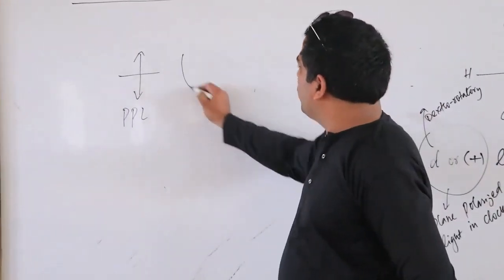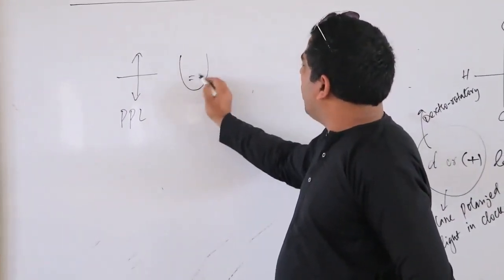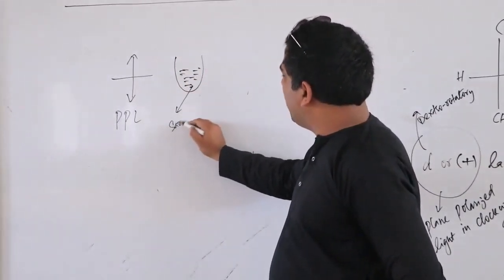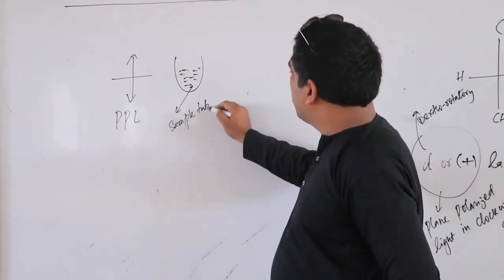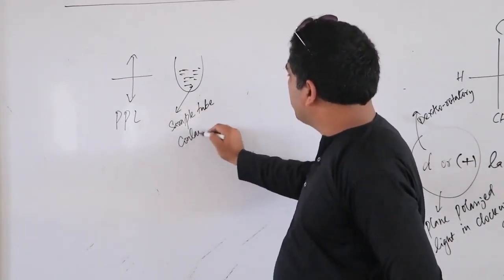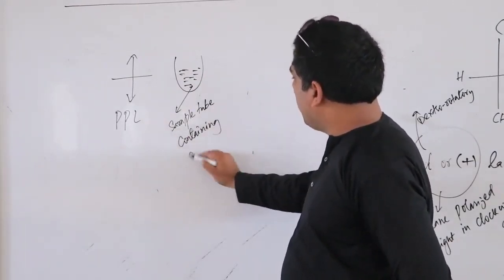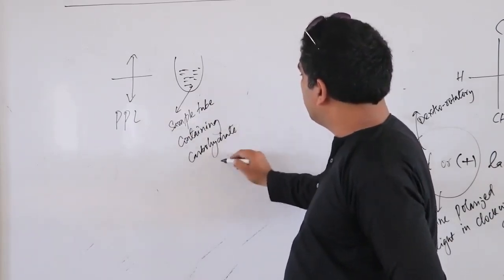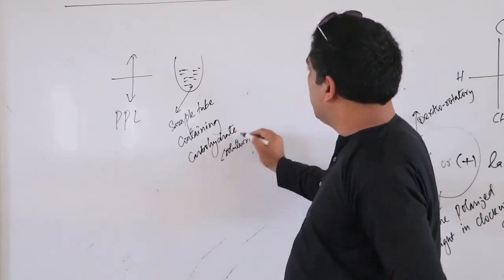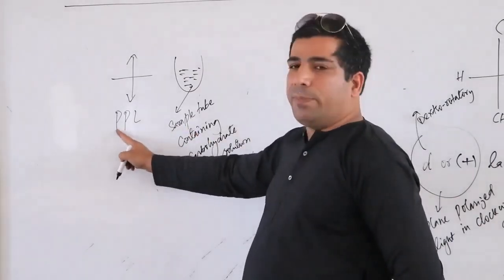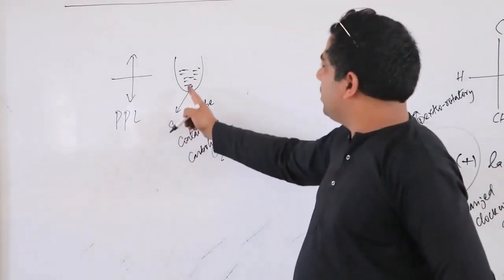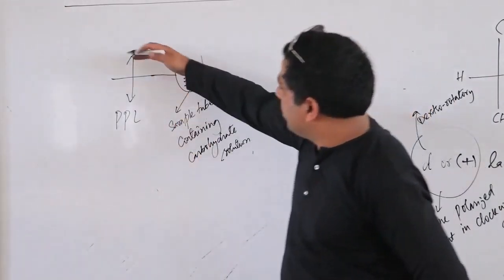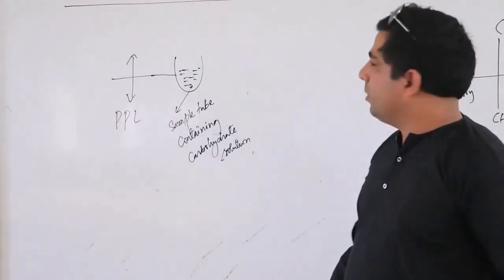And I took a solution. I took a carbohydrate solution. We call it a sample tube containing carbohydrate solution. When this PPL, plane polarized light, is passing through this particular solution, so this is your light, unidirectional. What happens?